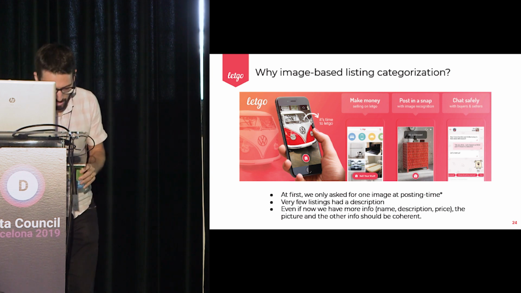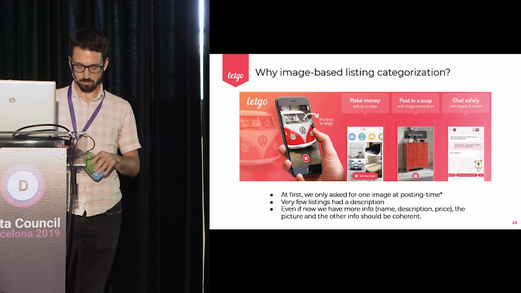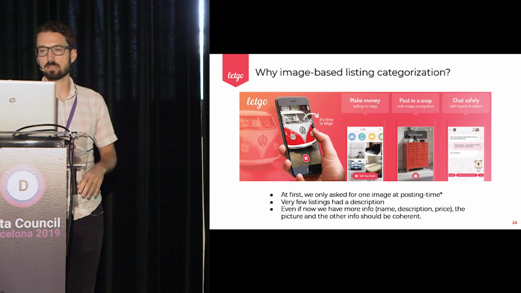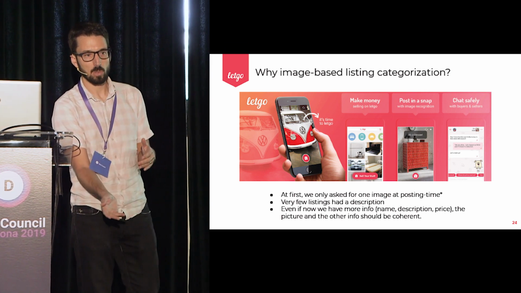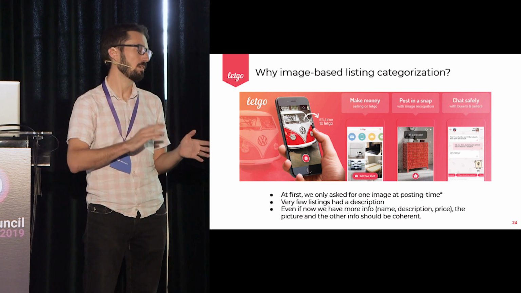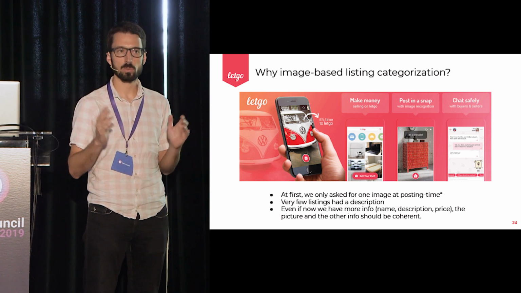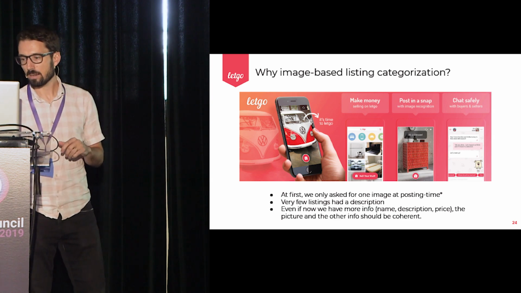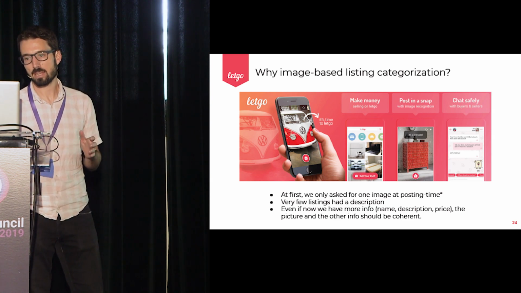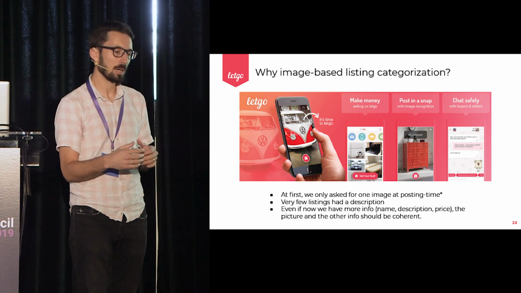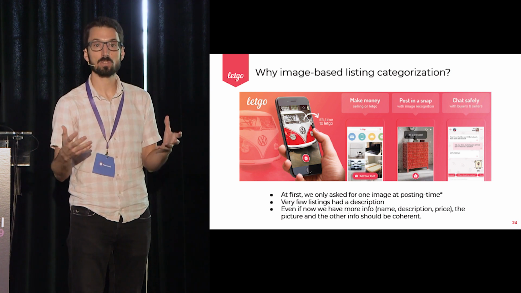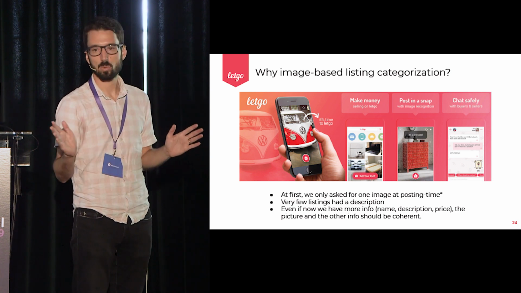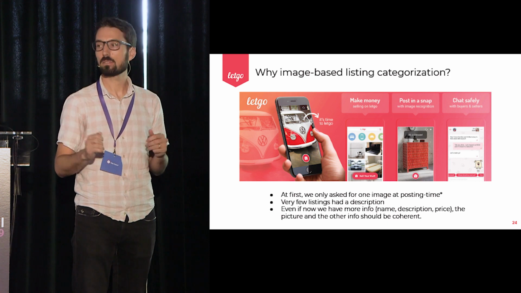So again, a very reasonable question to ask is, why am I going to talk about image-based listing categorization and leave out other possible attributes such as price, text, user attributes, what have you? And there are actually two reasons. So the first one is that at the beginning, in order to create the network effect in our marketplace, so having enough supply, our posting process was just requiring an image.